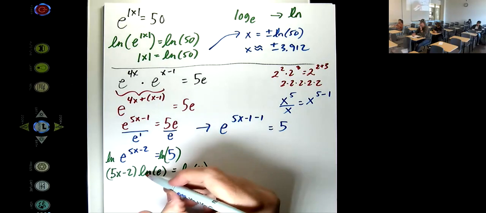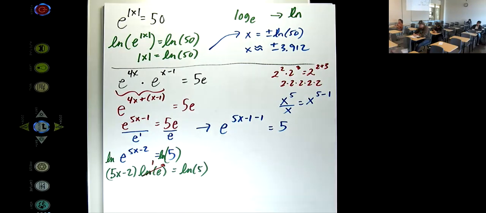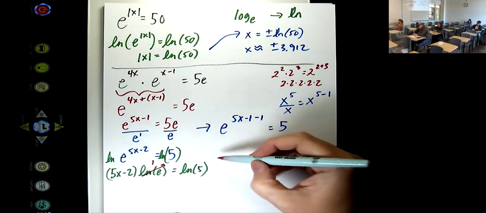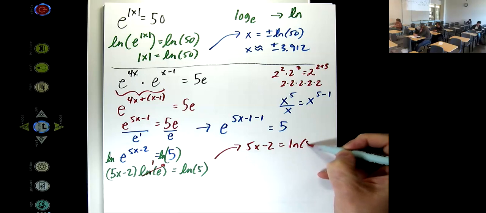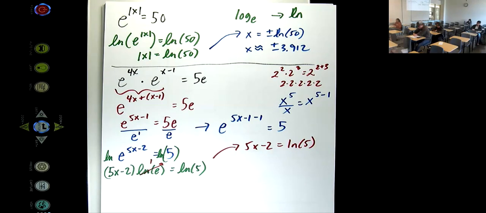That equals 1. So all I have is 5x minus 2 equals natural log of 5. And now I'm just solving for x the way we already know how.